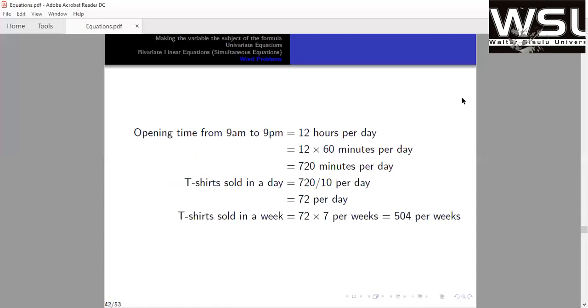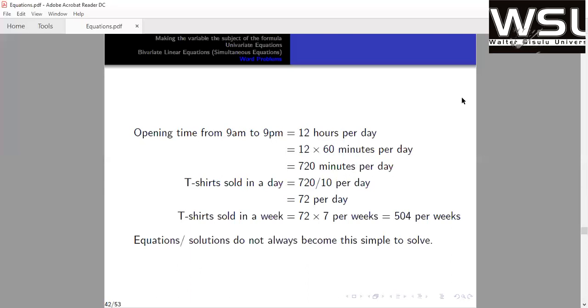Now, this is why it is important to have the back system so that you never forget the question at hand. We were not requested to calculate the shirts per day. We were requested to calculate the shirts per week. That's why it's important to have that back system.